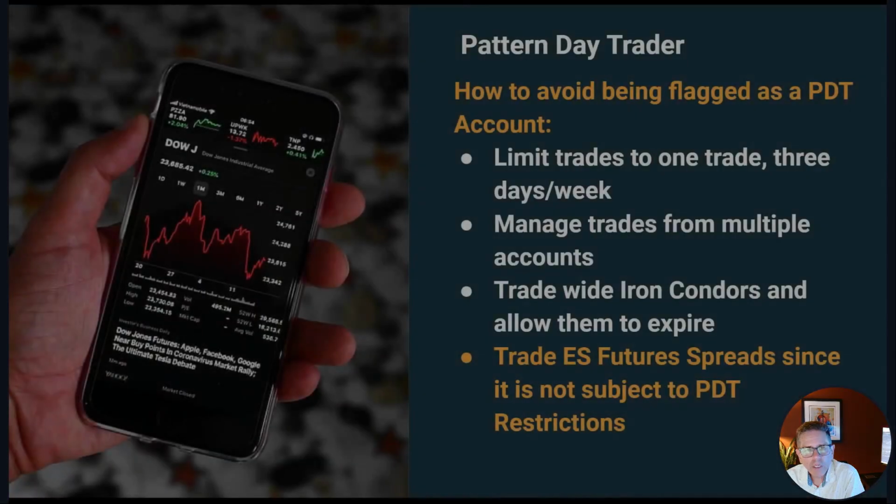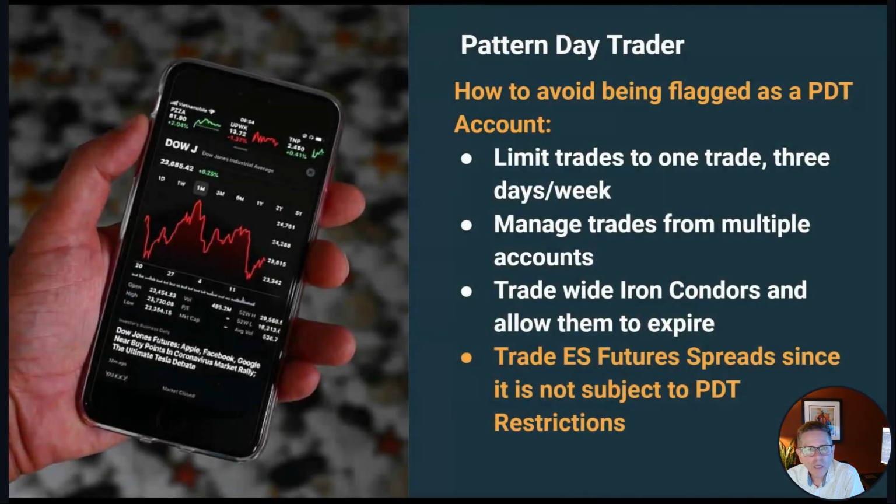Okay, so how to avoid pattern day trader? Number one, limit trades to one trade 3 times a week. If you do that, you're going to be fine. Manage trades from multiple accounts. That works. Trade wide iron condors. That gives you further space, right? But you could still get in a very high trending environment, and you still have to cut your losses or roll it.